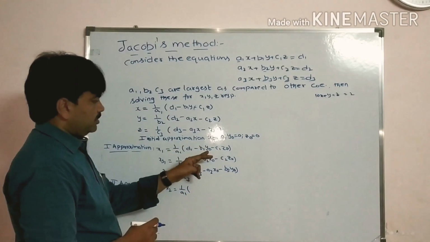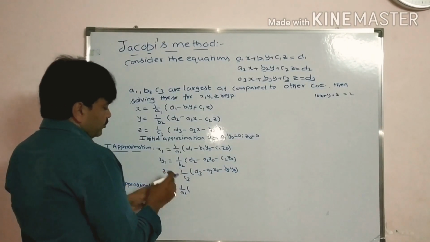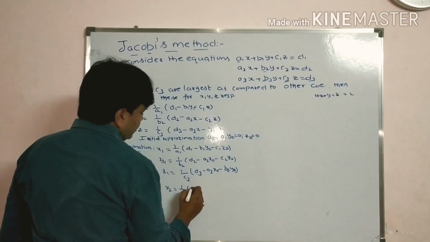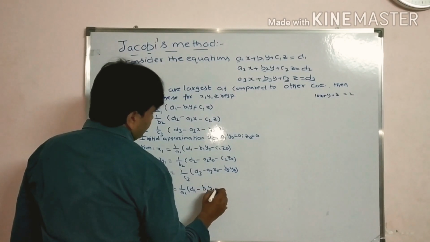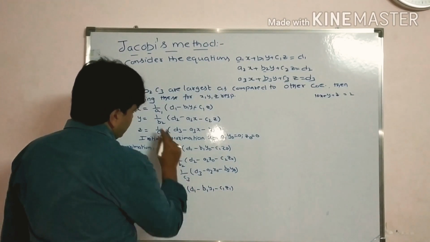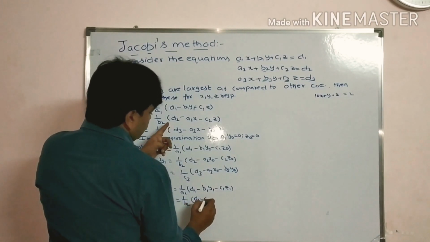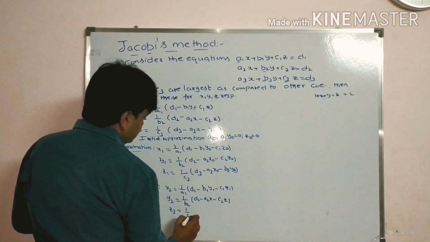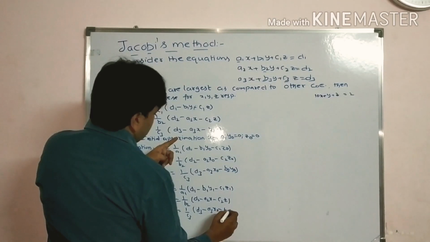Previously we wrote x naught, y naught, z naught in place of x, y, z; now you write x1, y1, z1 in place of x, y, z respectively. Then y2 is equal to 1 by b2 into d2 minus a2 x1 minus c2 z1, and z2 is equal to 1 by c3 into d3 minus a3 x1 minus b3 y1.